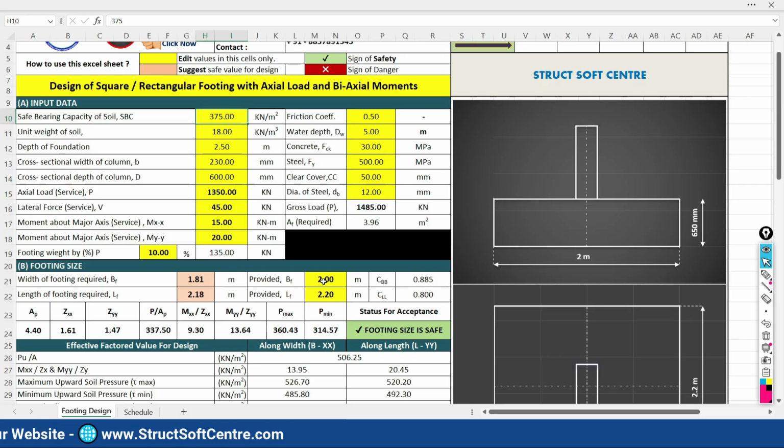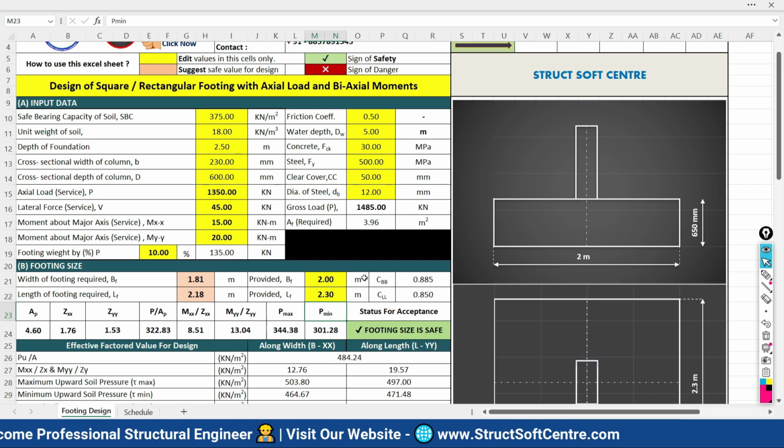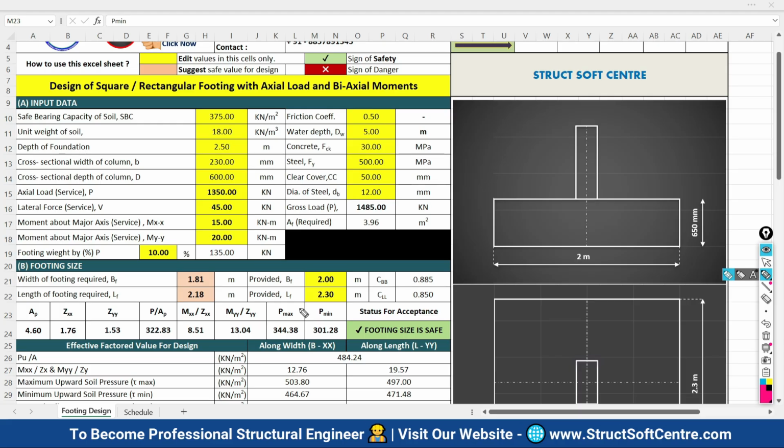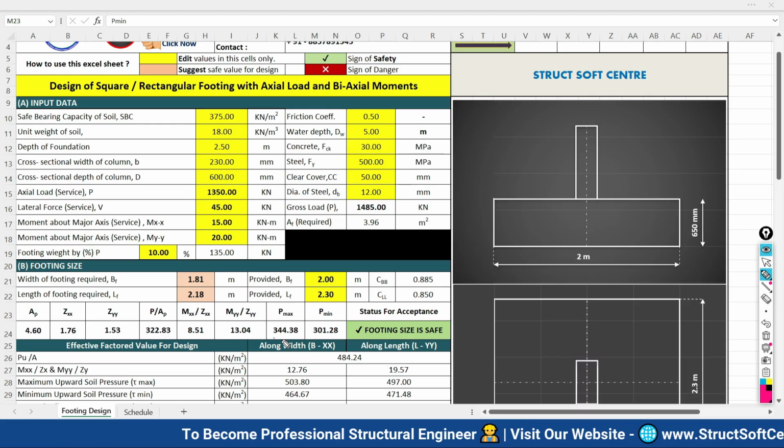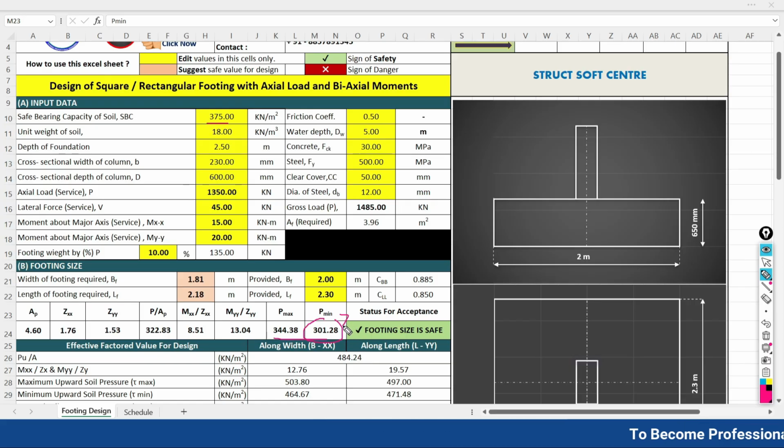If I further increase the size, then it is going to become more safe. So suppose here length I would like to consider as 2.3. Now this is finally the size I am going to adopt. So maximum pressure 344 and your SBC is 375, so it is safe, and minimum pressure should always be greater than 0, so it is also safe.